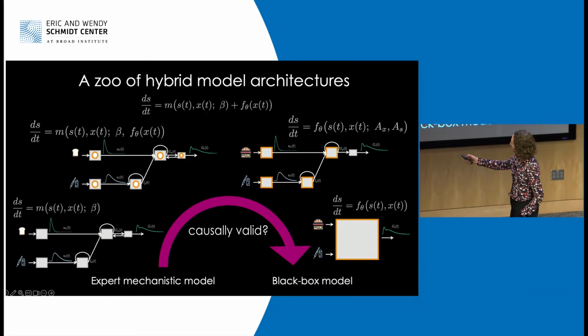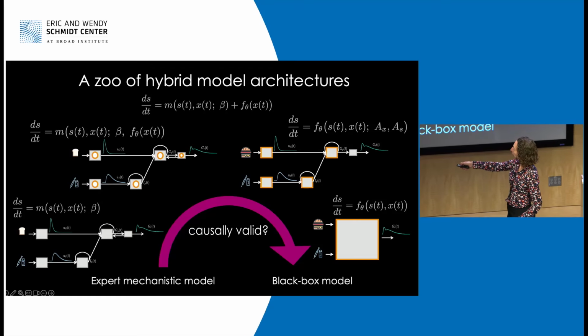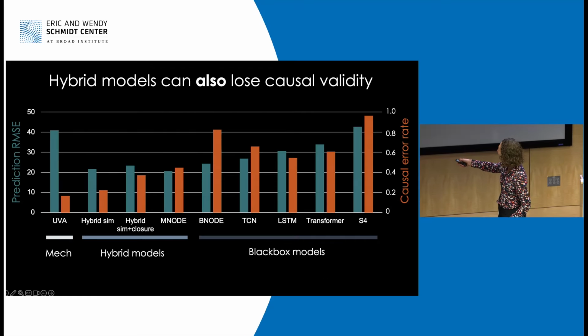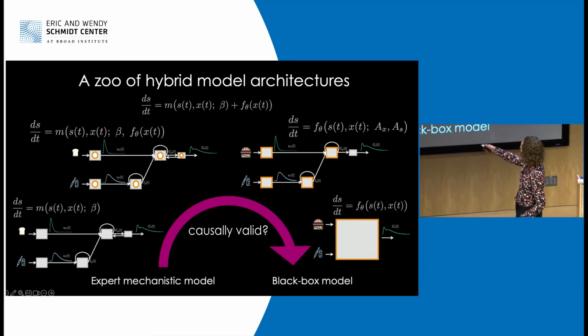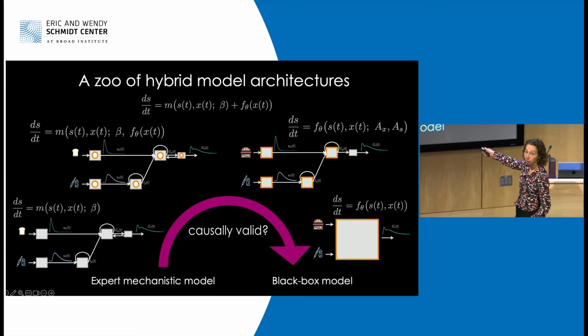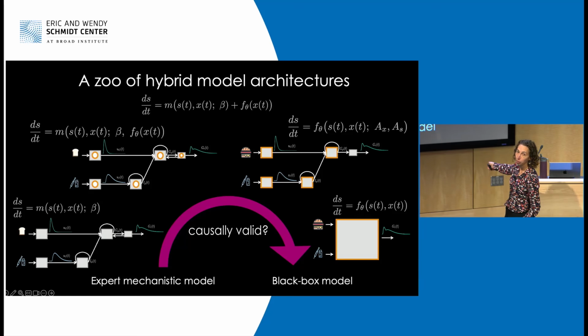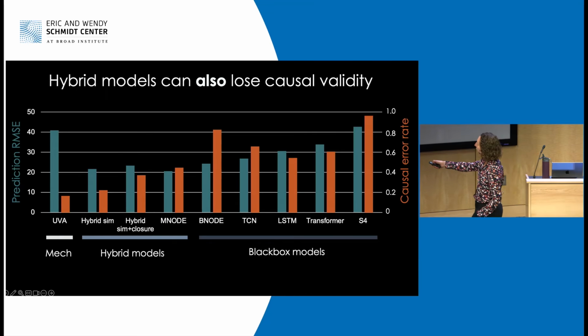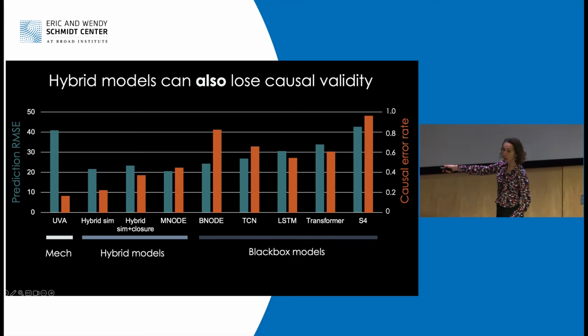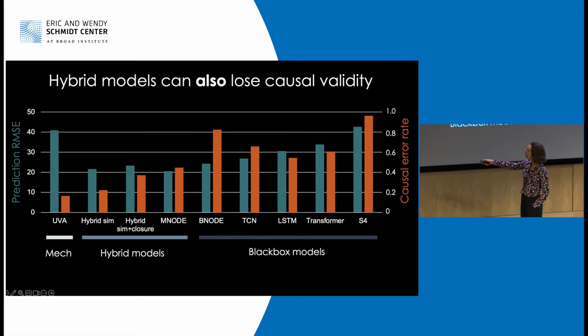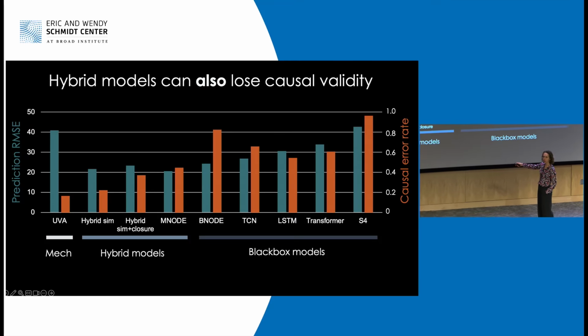So this is walking. Okay, if I call this pure mechanistic, what is it called on the next slide? Hybrid sim is this one. This is M node, and this is B node, black box neural ODE. That's what's shown here. So this is a mechanistic model allowing the simulator parameters to change, in combination with a neural closure.